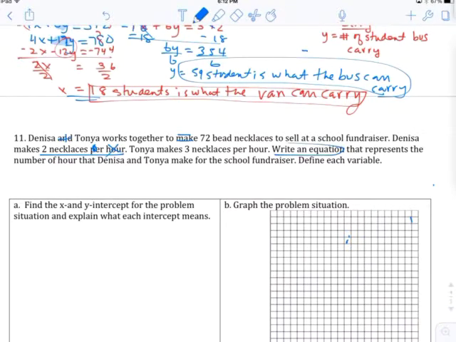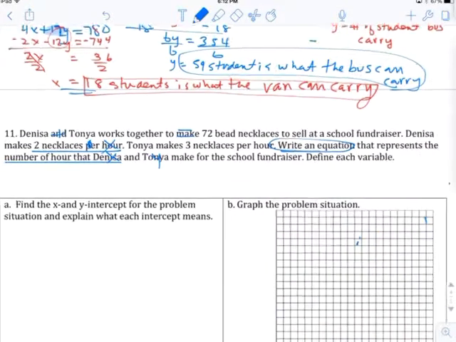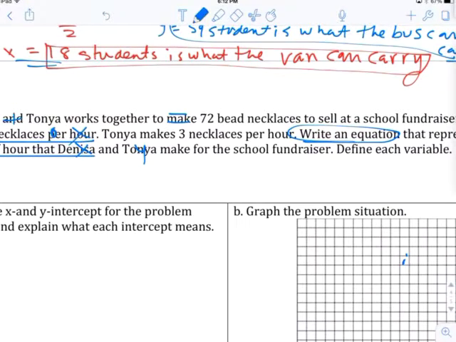So here, write an equation that represents the number of hours that Denise and Tanya make necklaces for the school fundraiser. Define your variable. X is Denise, Y is Tanya. So Tanya makes 3 necklaces per hour, so we put Y for Tanya.